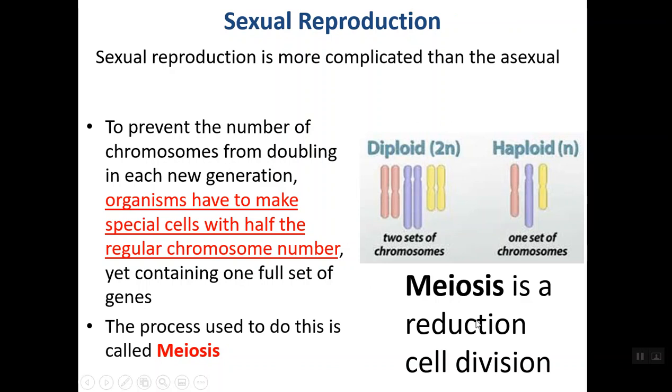Again, in meiosis, you start from a diploid cell and you end up with a haploid cell. So meiosis is a reduction cell division, whereas in mitosis the number of chromosomes is conserved, as we saw a minute ago.